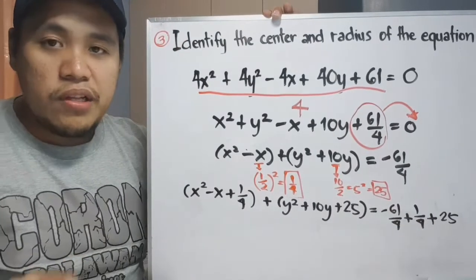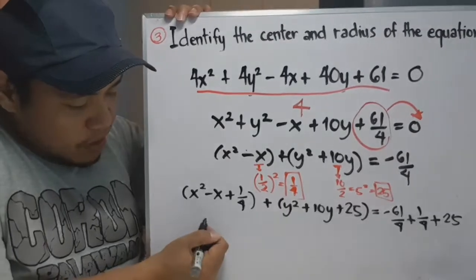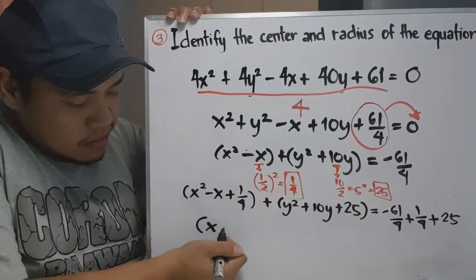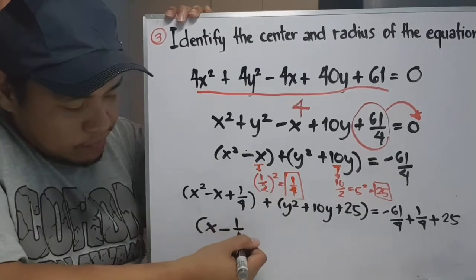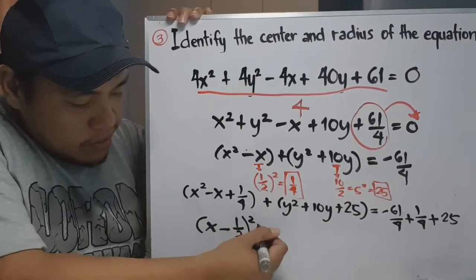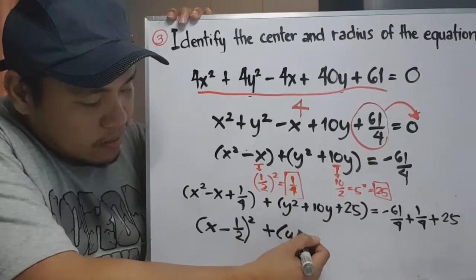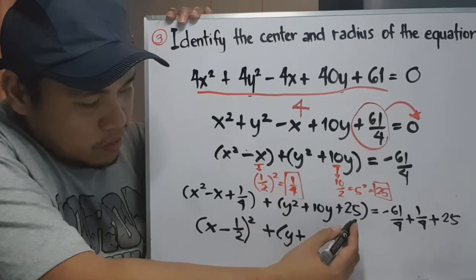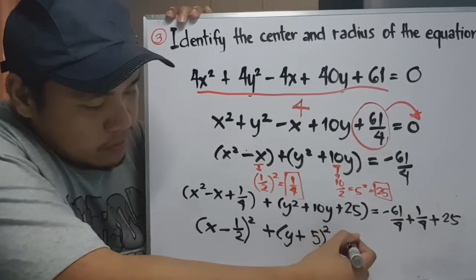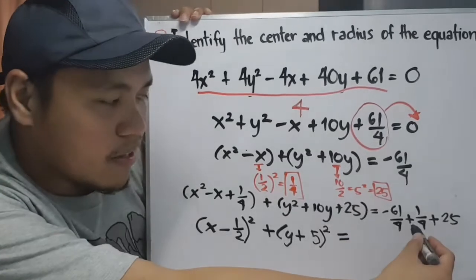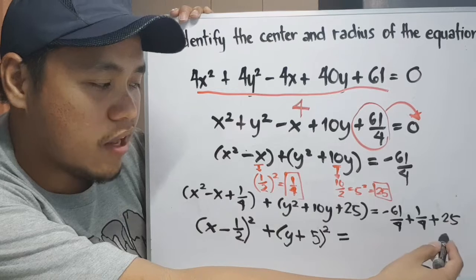And after this, we need to rewrite this in standard form, wherein we need to factor this out. So the factor of this is simply x, copy, negative. Then 1/4 is simply 1/2. Then squared. Plus, for the y, we have y. Then copy plus. Then square root of 25 is simply 5. Squared. Equals, simplifying this, we will have negative 61 plus 1 since they have common denominator.